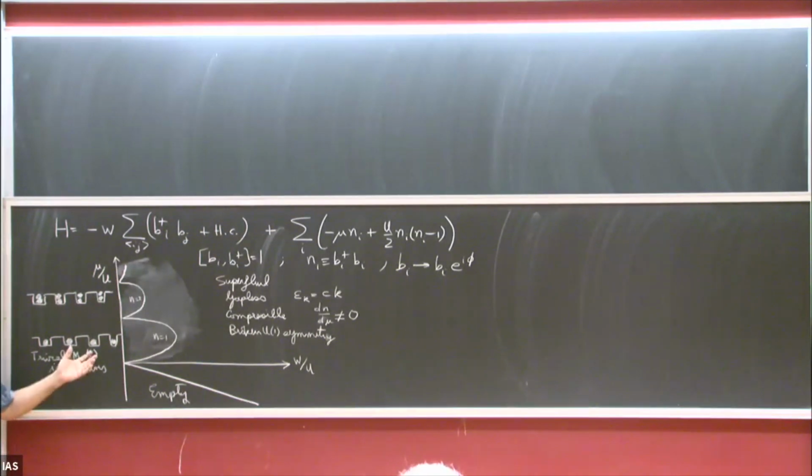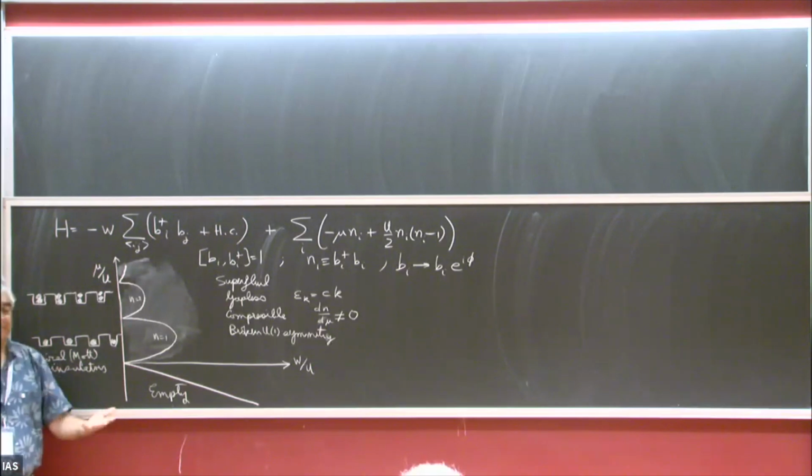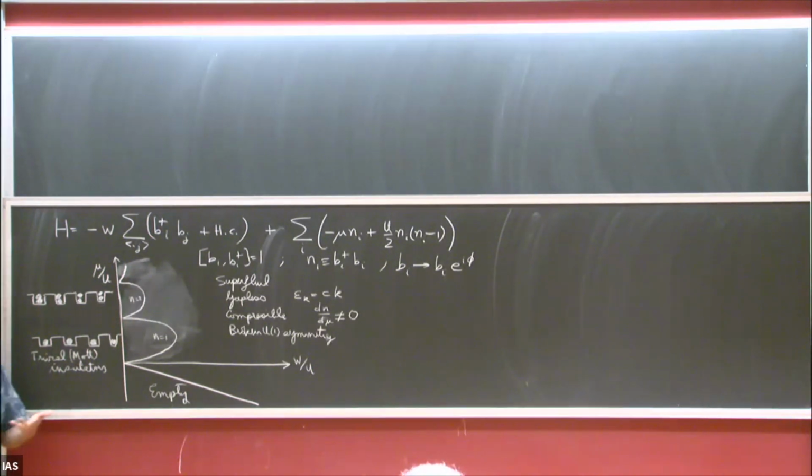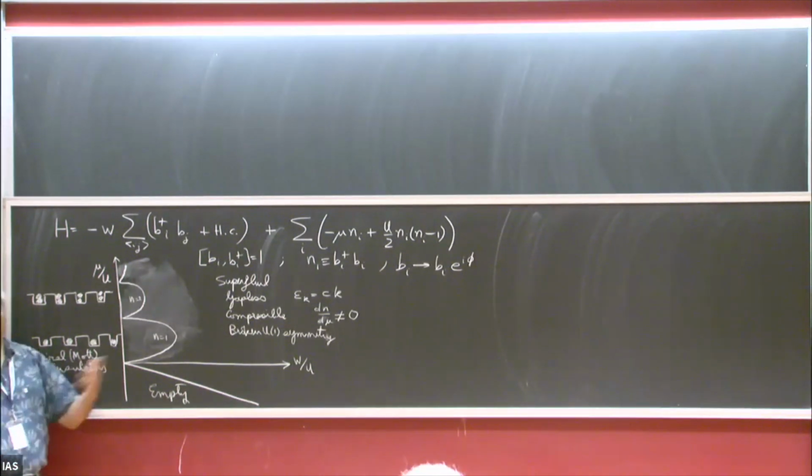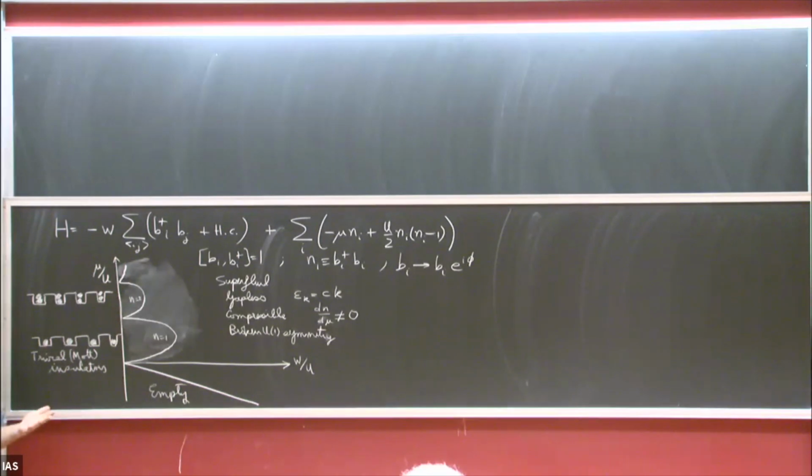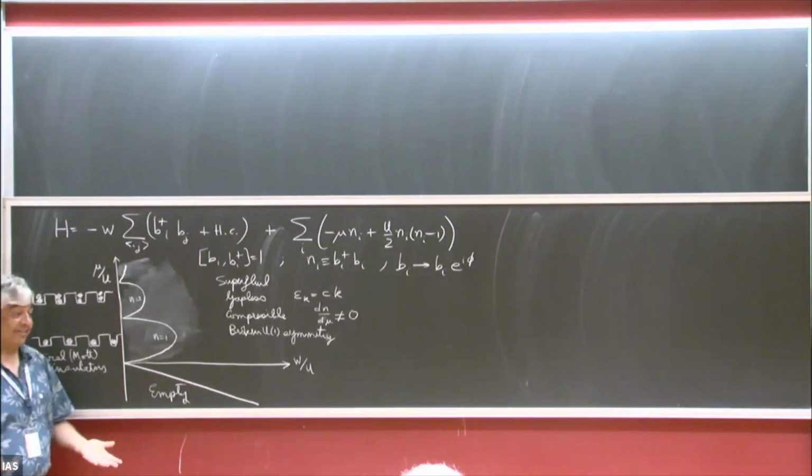Then we also had, at strong interactions, these insulators. Usually they're called Mott insulators. If your definition of a Mott insulator is an insulator that requires interactions to exist, then this is a Mott insulator. For bosons, in fact, every insulator is a Mott insulator because for bosons, you cannot get an insulator without interactions.